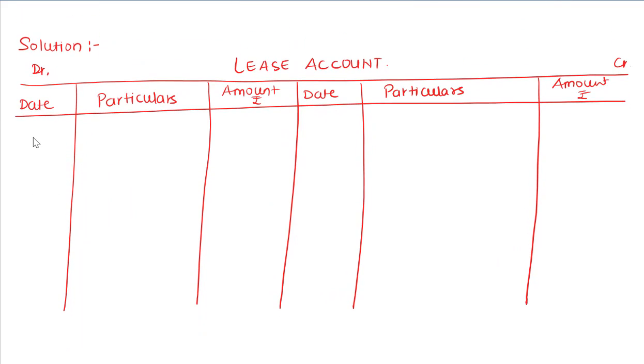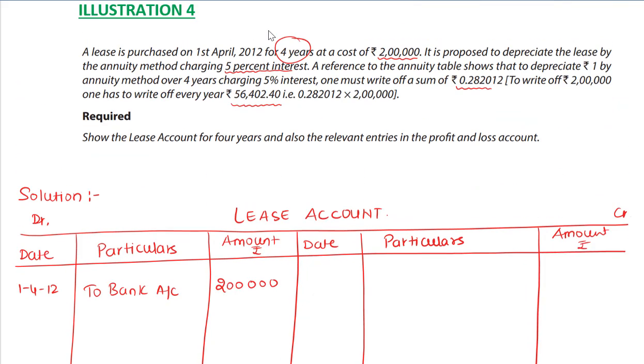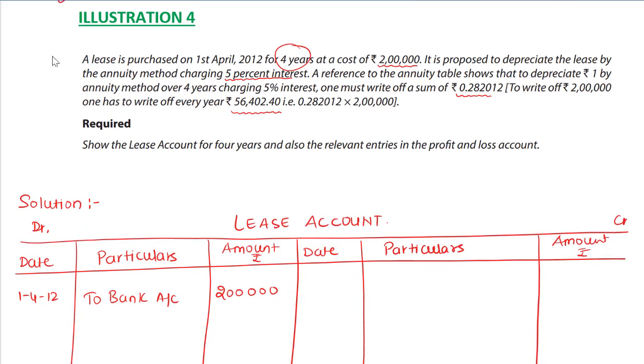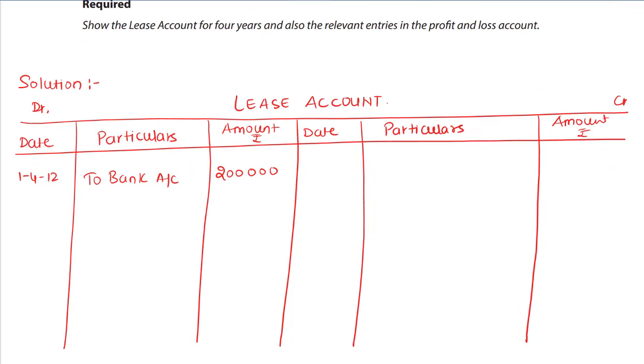Let us begin. On 1st April 2012, a lease is purchased for 2 lakhs. So to bank account 2 lakhs. In the question it is given that interest of 5% needs to be charged for 4 years.